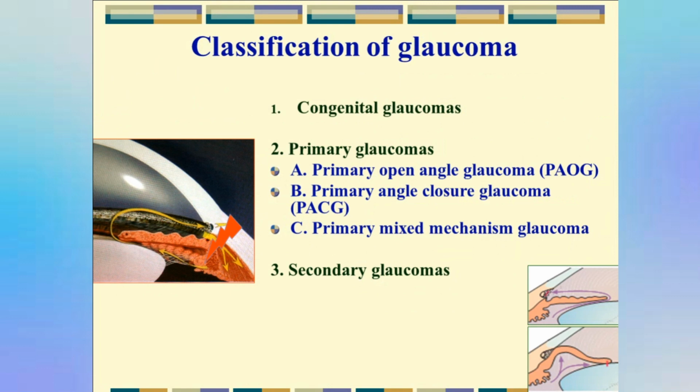This classification depends on the condition of the angle of the anterior chamber. On this picture you can see an open angle, and on this picture you can see a closed angle.